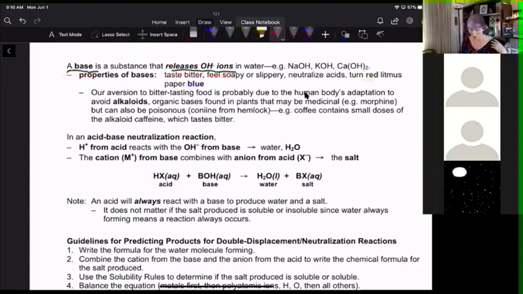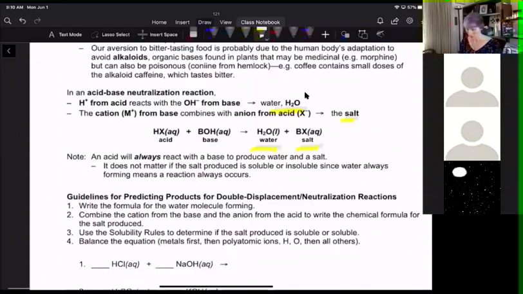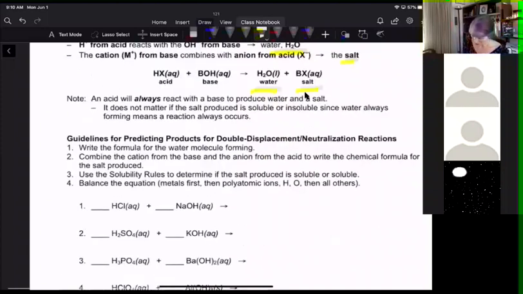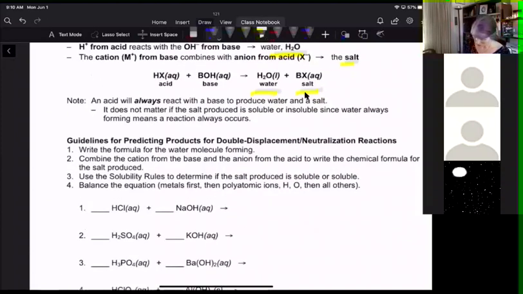Okay, so when we have that acid coming together with the base, we will form the new water molecule and a salt. So here's our salt and water. So you can think about forming that new compound. One is the BX will form the salt, and the H with the OH is going to form the water molecule.